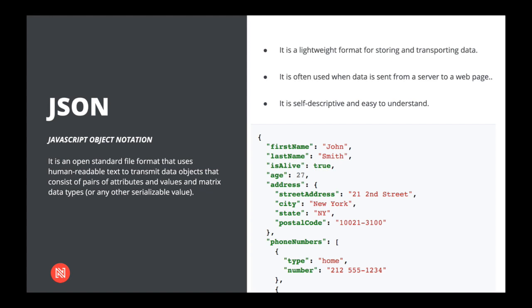Inside the address we have an array of additional information, and we can see the street address, city, state, postal code, and also there are phone numbers where we can use an array or matrix to add more information. So as you can see, this data is really easy to read for humans, and also really useful and lightweight for transferring information between systems or applications.